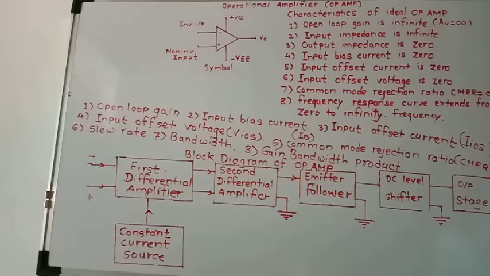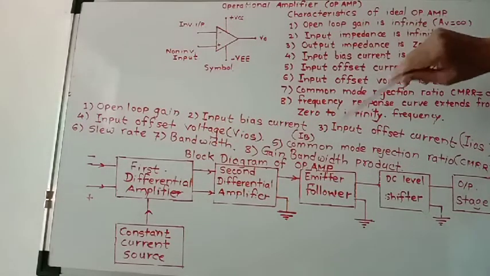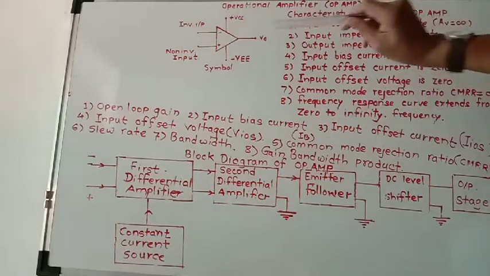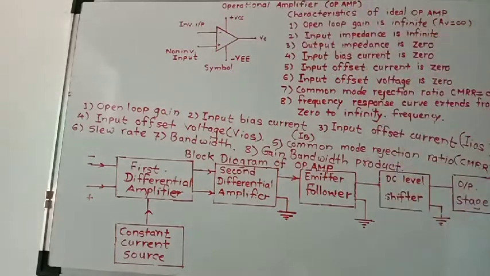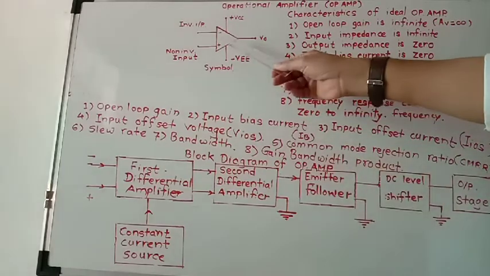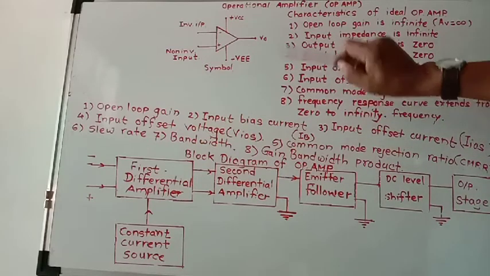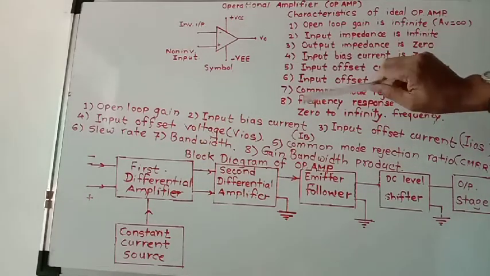CMRR indicates the capability of the op-amp to successfully reject the common mode signal. A common mode signal is like noise.